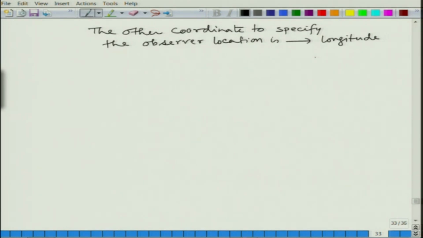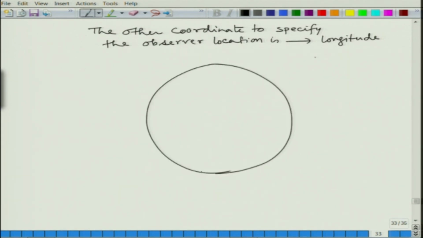Okay. So, what is longitude? Again let me just draw the earth, and now it is mandatory that you have to imagine it as a sphere, otherwise it is difficult to visualize.